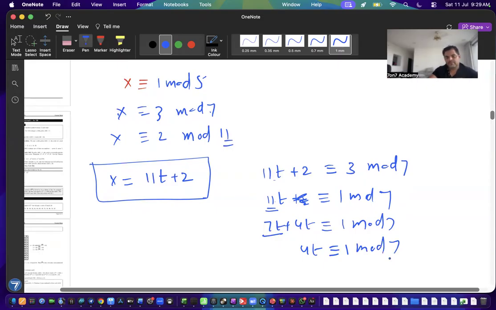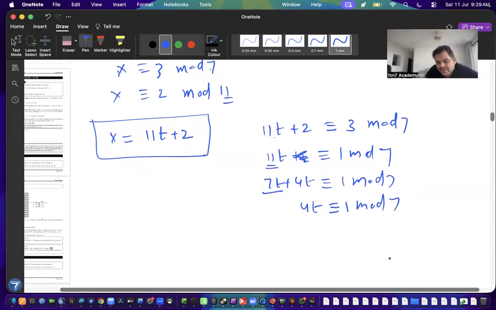Agree? Any problem? Now there's something called inverse. Remember what I'm trying to say. If I have to find 2 inverse mod 5, that means if I multiply 2 by some number, the remainder on dividing by 5 must be 1.